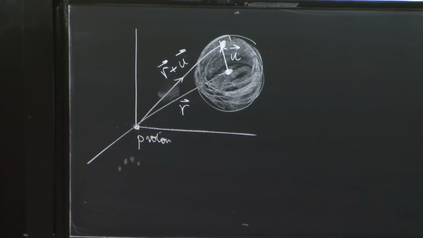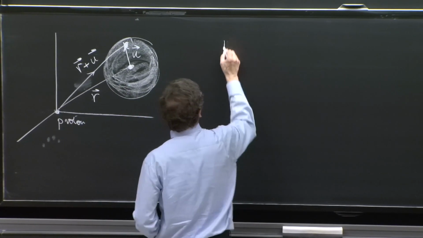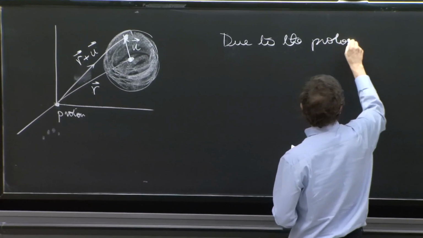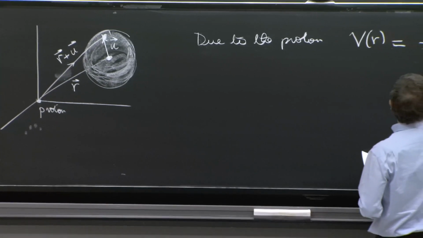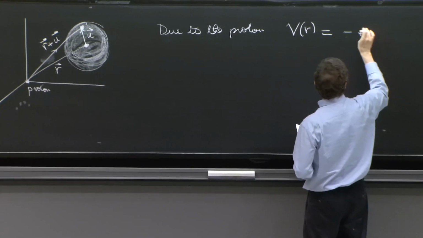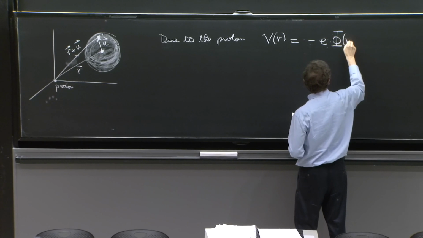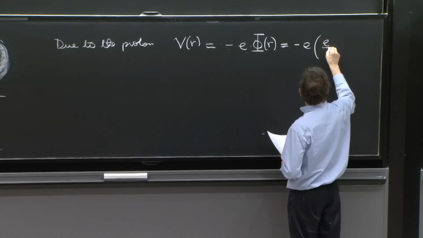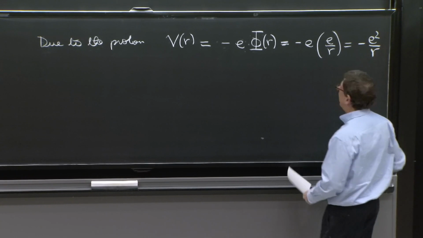So this is our setup. Now, the potential due to the proton, we have a potential V of r, which is equal to minus the charge of the electron times the scalar potential phi of r, is minus e times e over r, which is our familiar minus e squared over r.